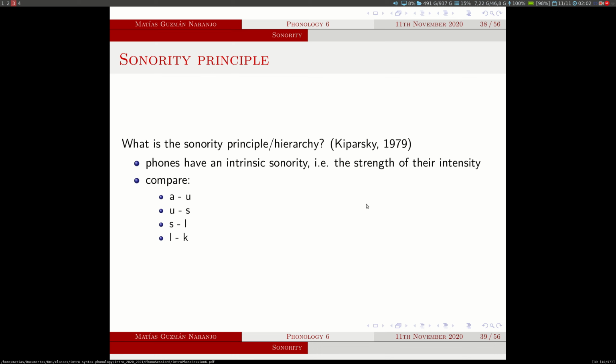We can assume that it's some sort of strength or intensity, but there's a lot of research on this, so I don't want you to get the wrong idea that we know what sonority is. We don't fully understand it, but we do know that different sounds seem to have more strength, and those sounds which are more sonorous tend to be towards the center of the syllable.